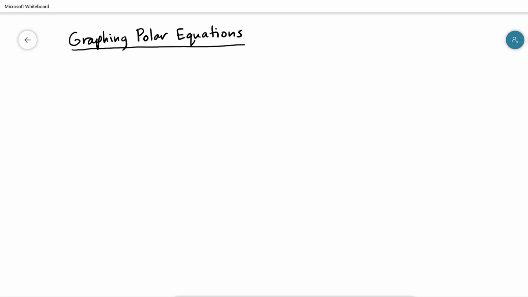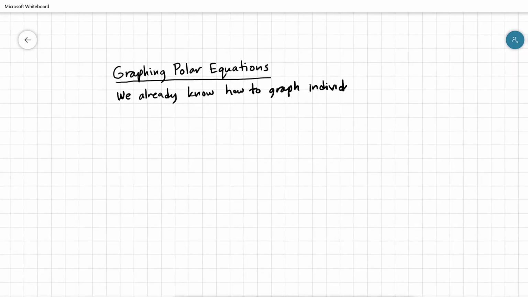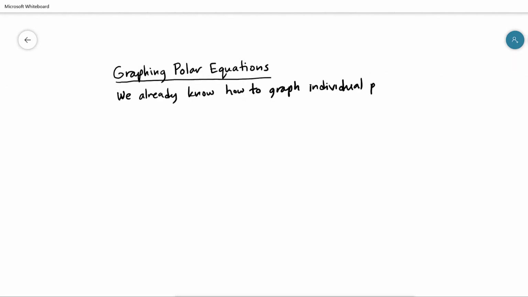So, last time we saw how to do this, we already know how to graph individual points.